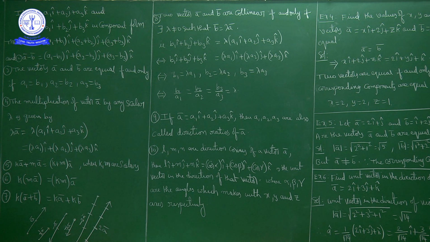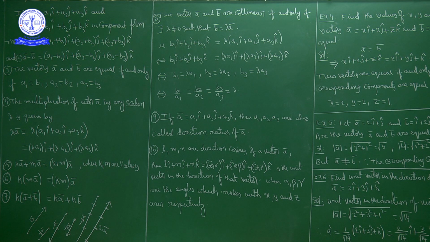Collinear vectors are parallel vectors. Vector a bar and vector lambda a bar are always collinear, where lambda is any non-zero scalar.